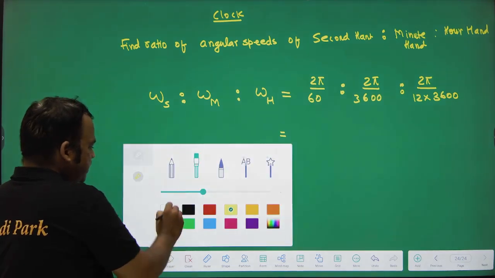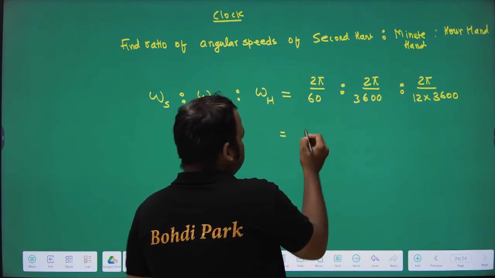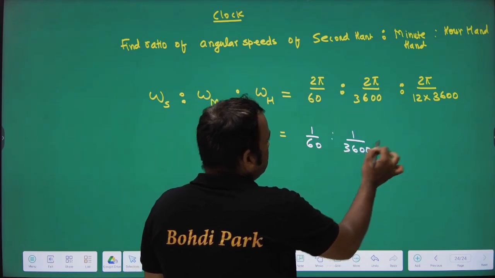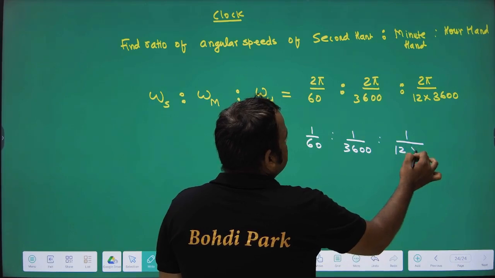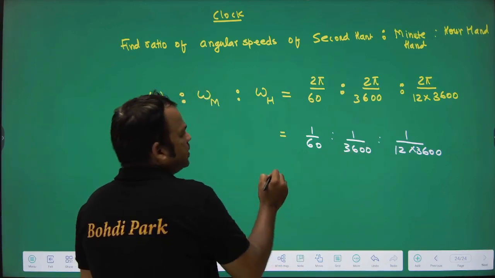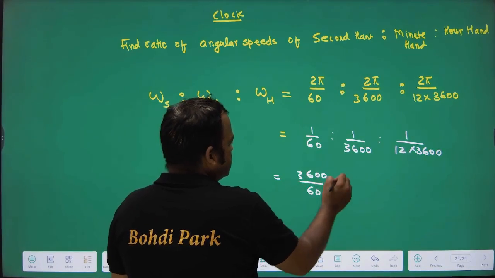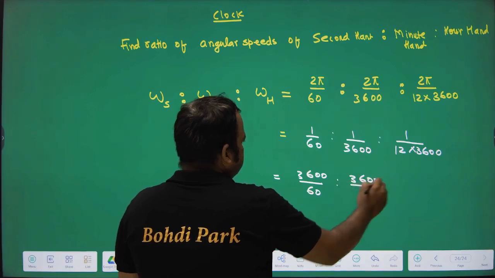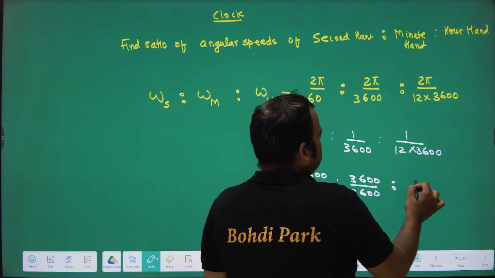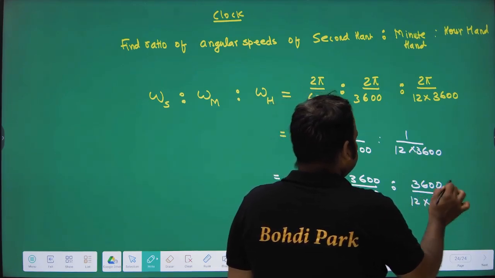Now we will simplify this. So cancel, divide by 2 pi. So we'll get 1 by 60 is to 1 by 3600 is to 1 by 12 into 3600. Now let's multiply by 3600. So 3600 by 60 is to 3600 by 3600 is to 3600 by 12 into 3600.